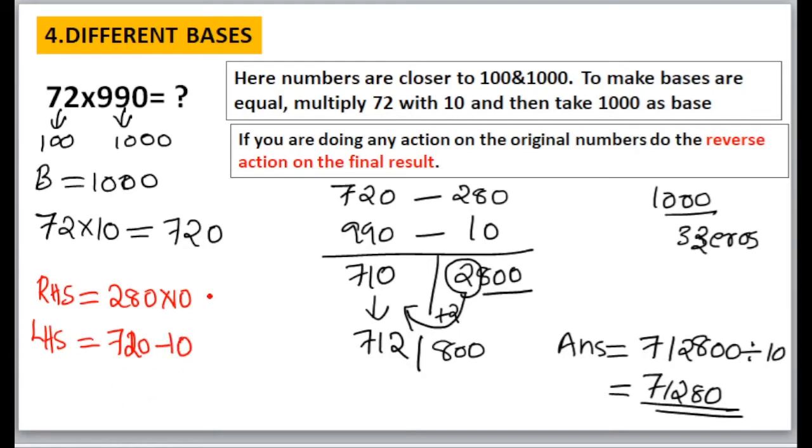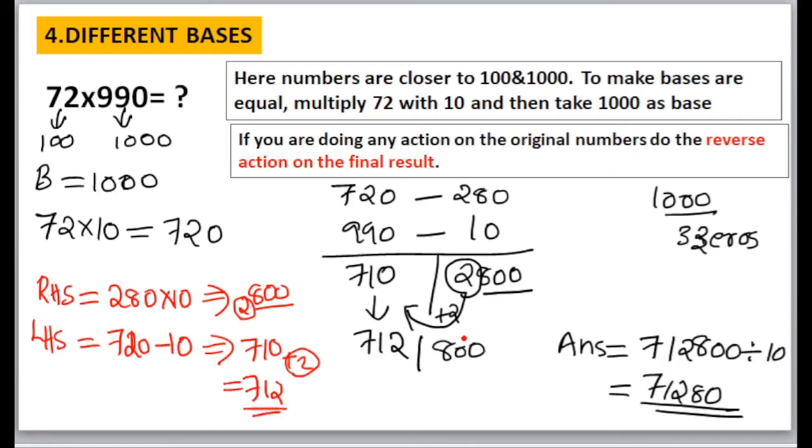But you have to take 800 only because 2 will be carried over, and here you will have 720 plus 2, because you have to carry over the 2 from right hand side to left hand side.